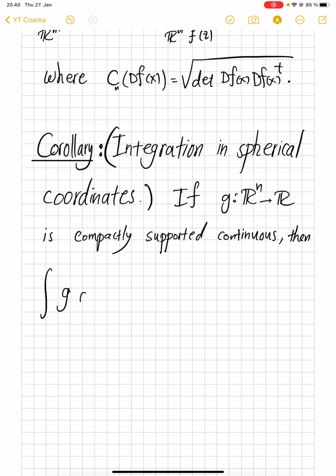integrating G against the Lebesgue measure on Rn is the same as integrating over the ball of radius r, G against the measure on the sphere, which agrees with the n-1 dimensional Hausdorff measure.